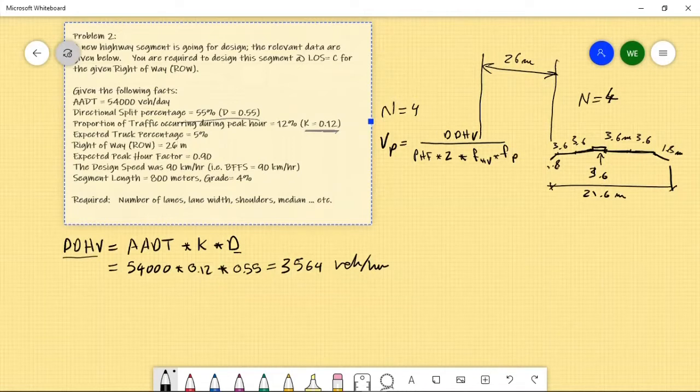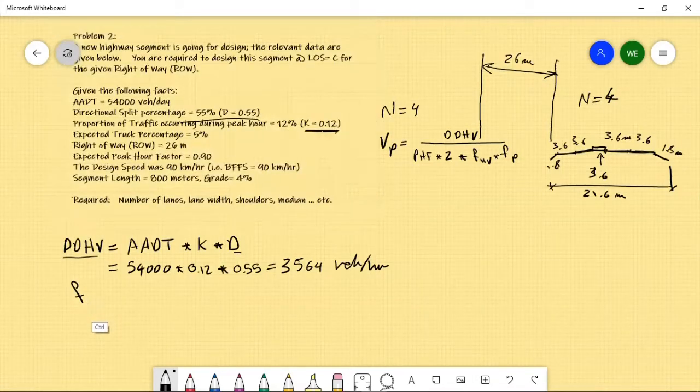Let's calculate the factor for heavy vehicles. This factor equals 1 over 1 plus the percentage of trucks multiplied by ET minus 1, plus the percentage of RVs multiplied by ER minus 1.